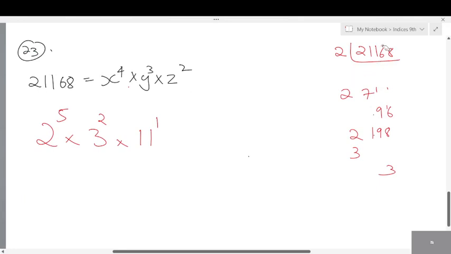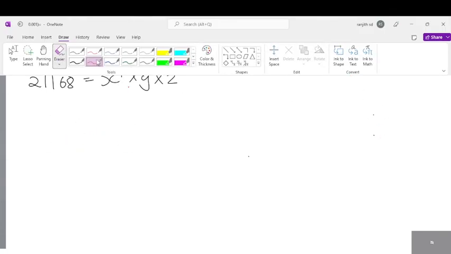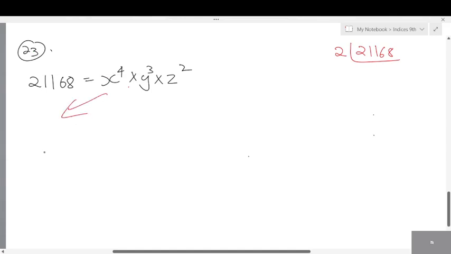Let us do it again because you should get the same value. If x to the power of 4 is given, on the left hand side you should get 2 to the power of 4, 3 to the power of 3, like this. So let us try this. What do you get? 2 ones are 2.